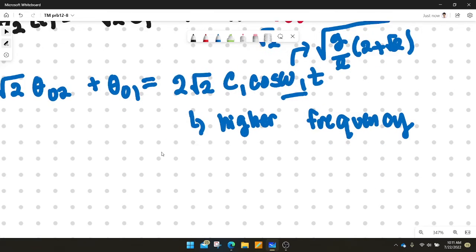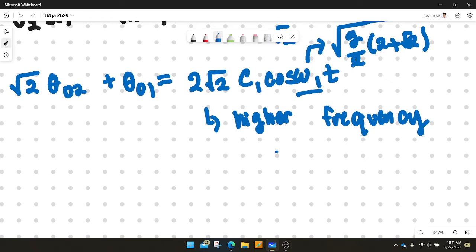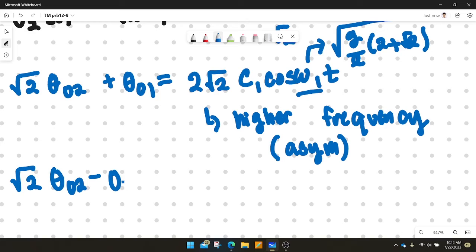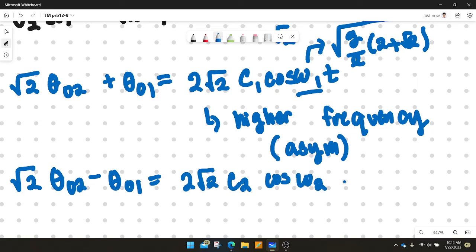Likewise, presumably this is our asymmetric mode. Here we have square root of 2, following the same logic of trying to cancel out that square root of 2 coefficient: square root of 2 times theta O2 minus theta O1, it would be 2 square root of 2 C2 cosine omega 2 t.